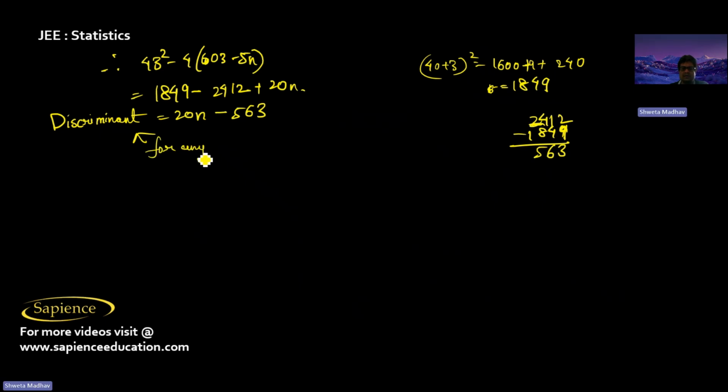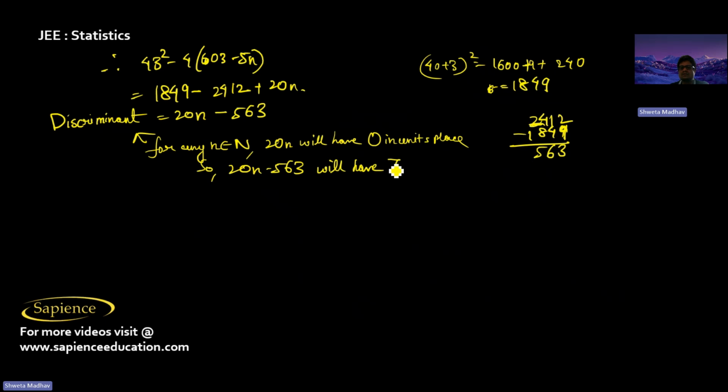So for any natural number n, 20n will have 0 in the units place. So it means 20n minus 563 will always have 7 in the unit place.